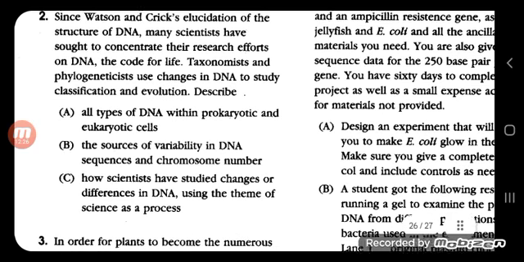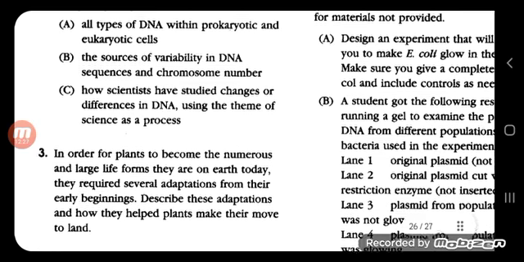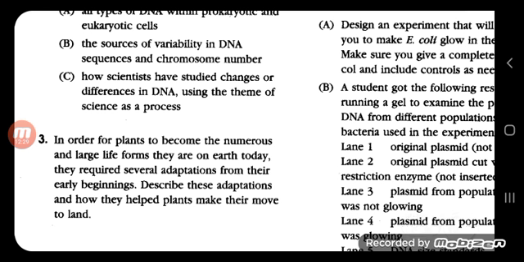How scientists have studied changes or differences in DNA using the theme of science as a process. C. Talk about gel electrophoresis, where an electric current causes the negatively charged DNA to move.